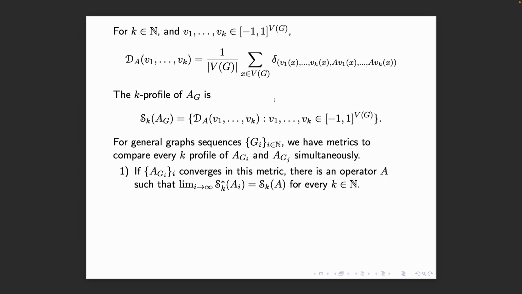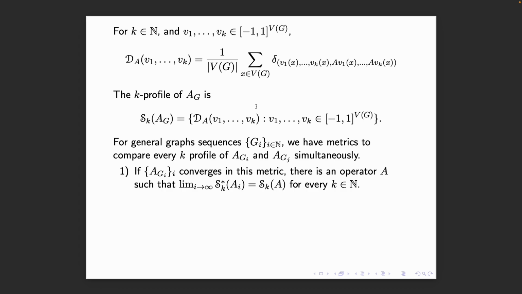However, you need to be able to compute the distance between the k profiles of different operators. It's not too hard. To compute the distance between the measures, you use this metric called the Lévy-Prokhorov metric.